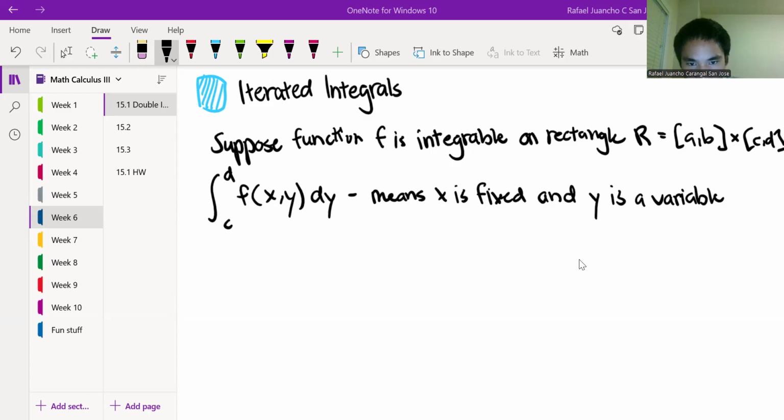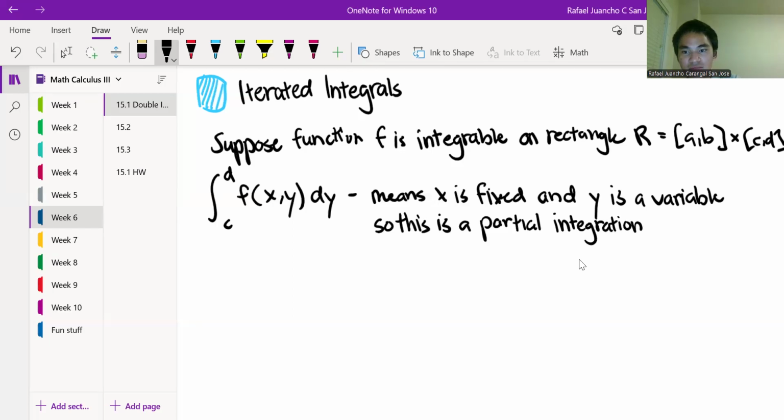Wait, what does that mean? Okay, so this is a partial integration with respect to y, right?